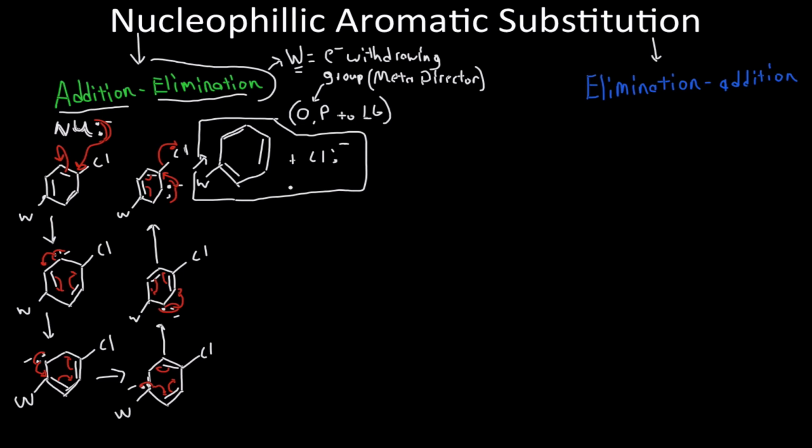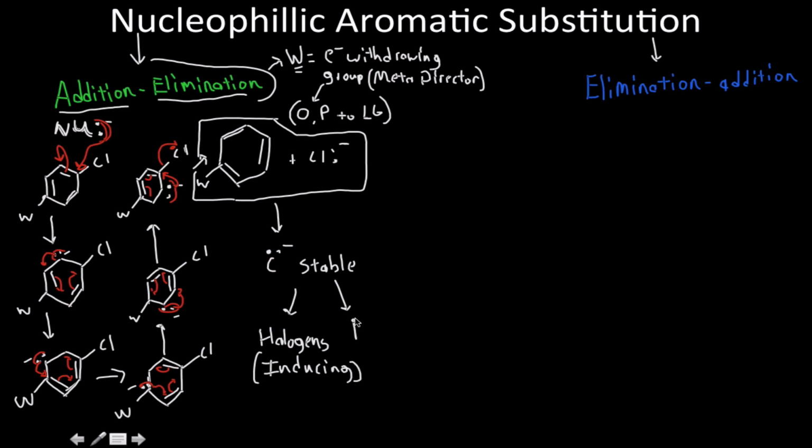Some notes I wanted to make: in this reaction, your carbanion is stabilized by the same things that stabilize any carbocation or carbon radical, namely halogens, anything that has an inductive effect, and of course anything that can contribute resonance to the stability.